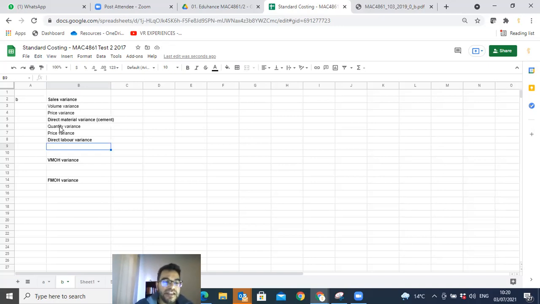The quantity variance is referred to as efficiency variance, and the price variance is referred to as a rate variance. Variable manufacturing overheads will be exactly the same. It was based on labor, exactly the same: an efficiency variance and a rate variance.